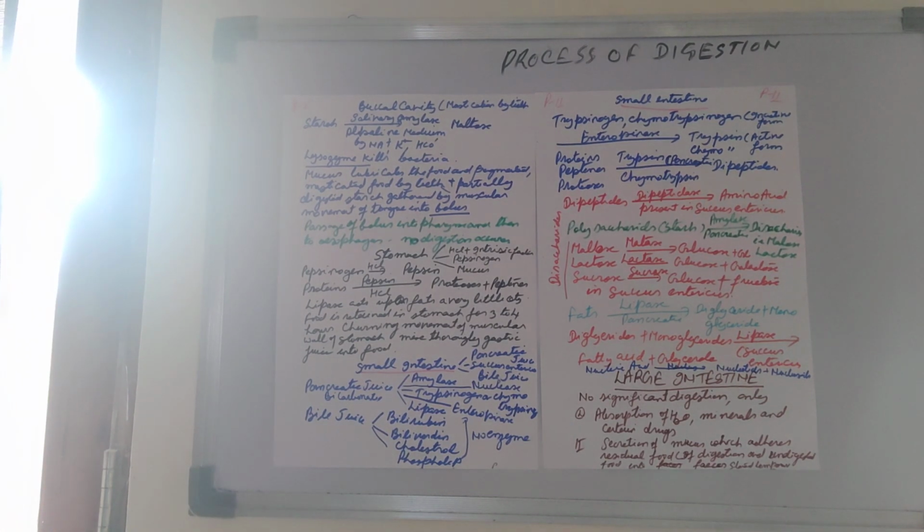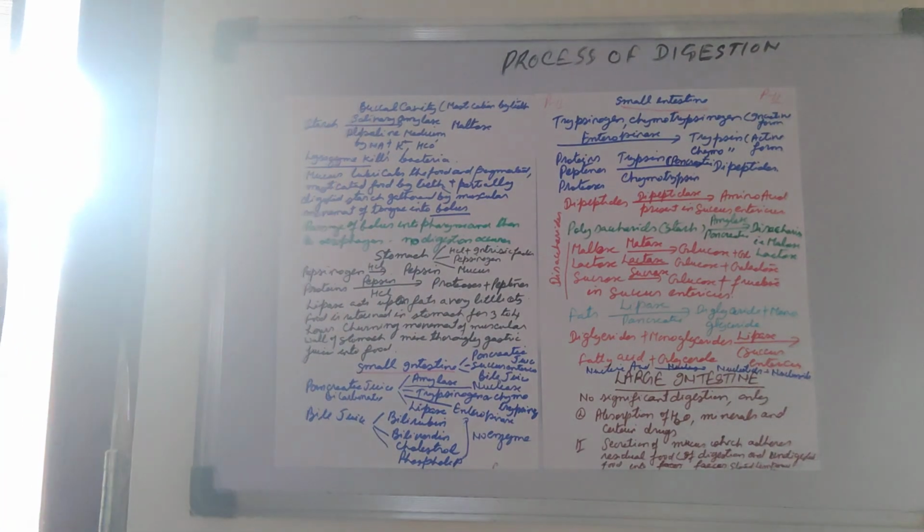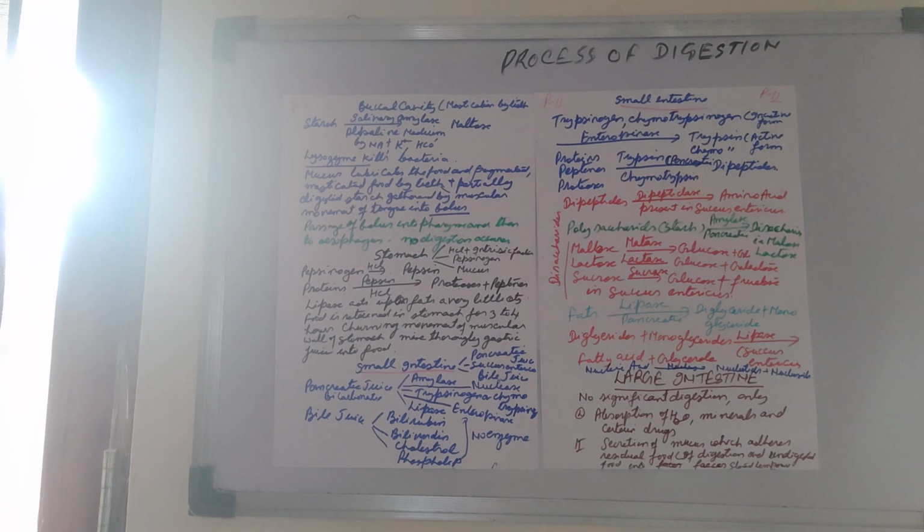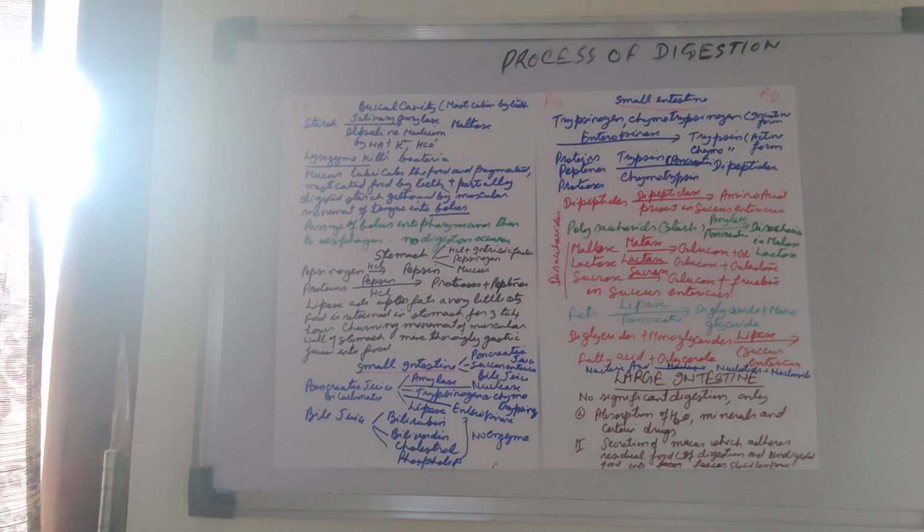So how does digestion occur in the stomach? I told you that the pepsinogen enzyme is present in inactive form. It is activated by the HCl and converted into pepsin. Pepsin acts upon the proteins. Proteins are converted into proteoses and peptones. A little quantity of lipase is also present.